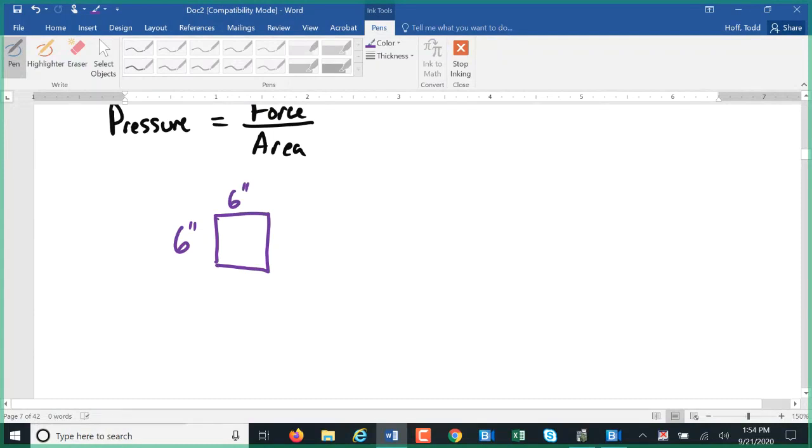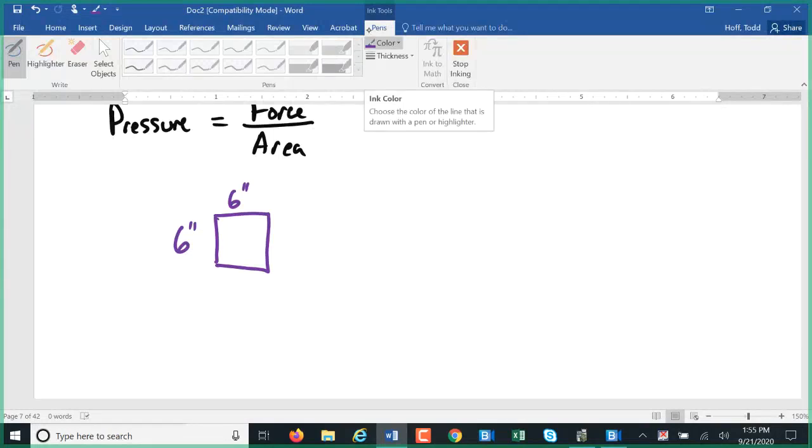Now to make it simple, we're going to assume that it's full 6 inches by 6 inches. We all know that in reality, what they say is a 6 by 6 post is actually 5.5 by 5.5, or sometimes even 5 1/4 by 5 1/4. But we're going to say it's a 6 by 6 inch square post.